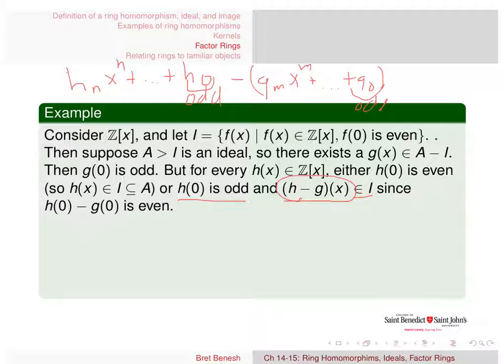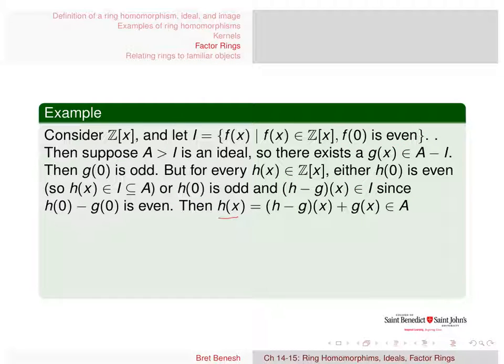When I subtract them, here I get a whole bunch of x stuff, who cares? I'm going to get h_0 minus g_0, and odd minus odd gives me an even. And if the constant term is even, we're in I. So h(x), which equals the sum of these two, is in A.